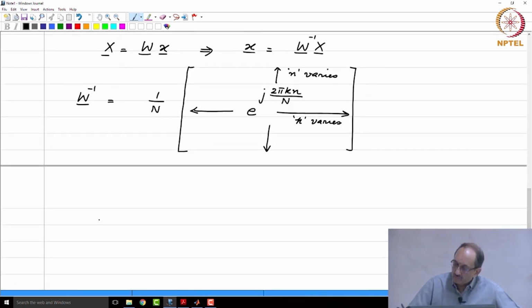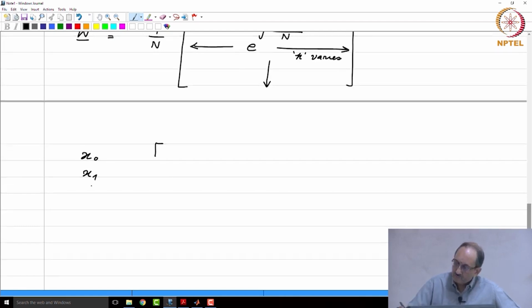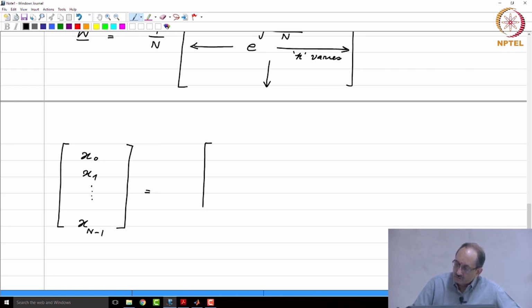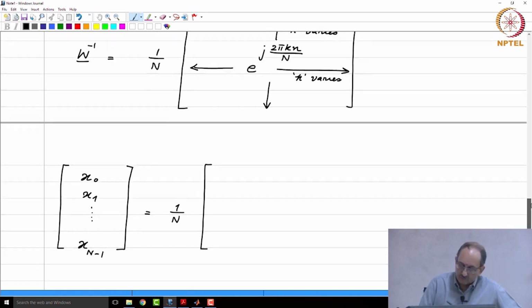So, you can think of little x, which is nothing but x0, x1 up to x cap N minus 1, as nothing but W inverse, which is what you have seen just now.